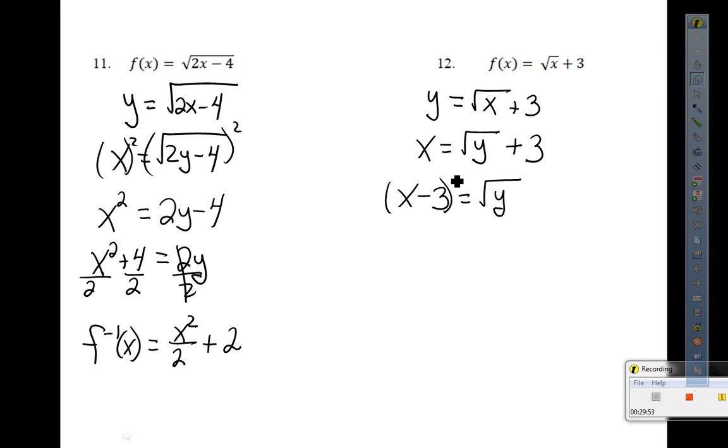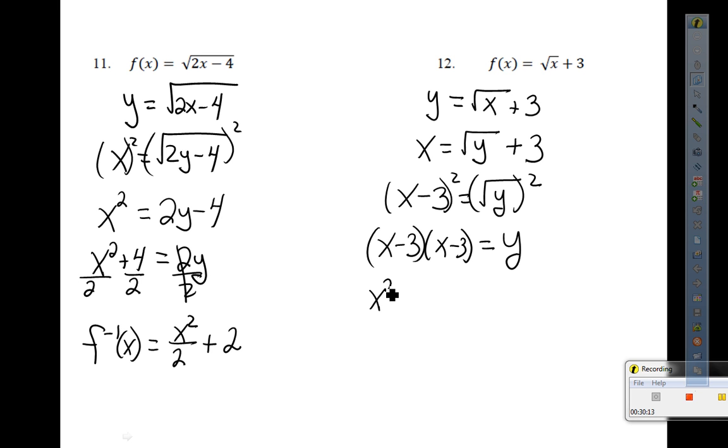Now I'm going to have to square both sides. When I do that, guys, I have to do this on the left-hand side. I got to write that out 2 times. The right-hand side is just plain old y. Now let's FOIL.